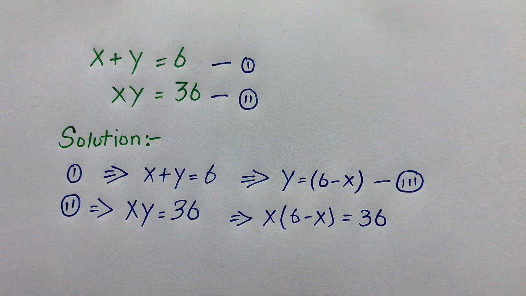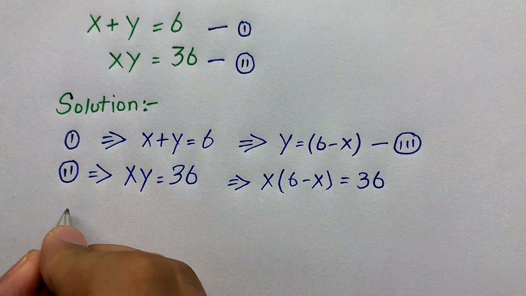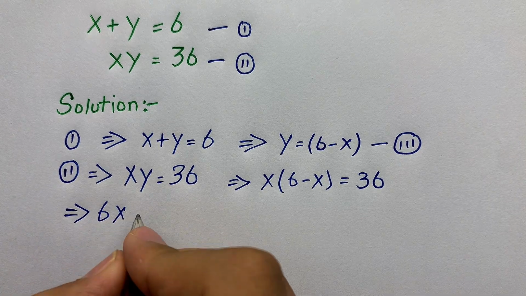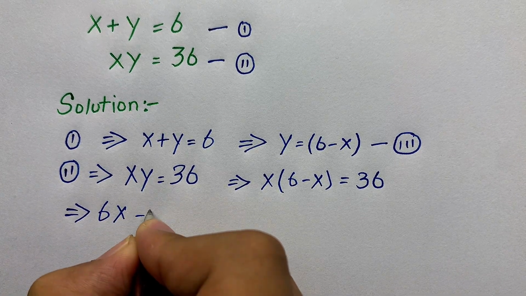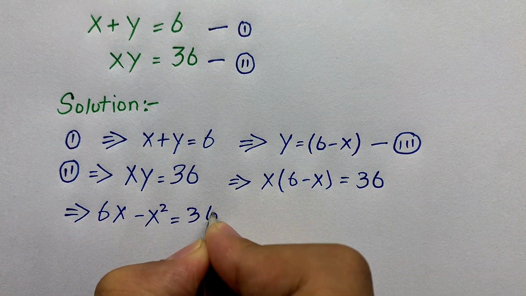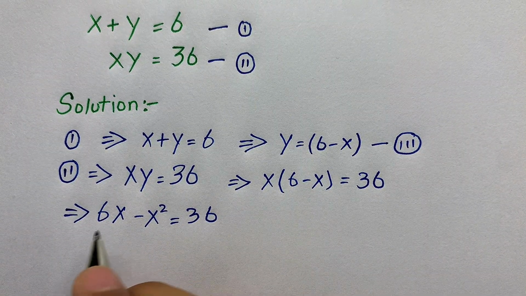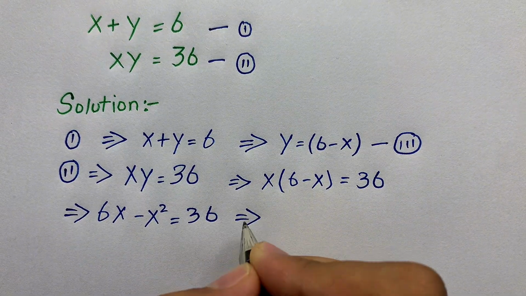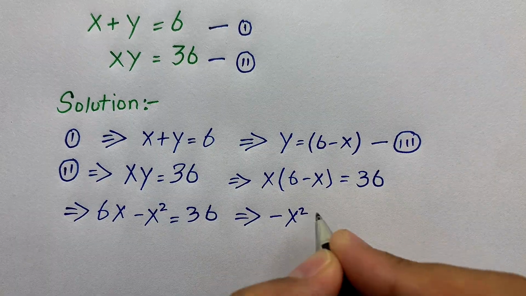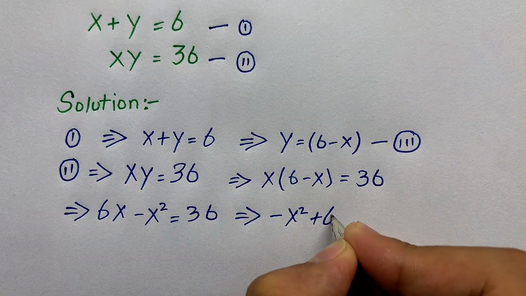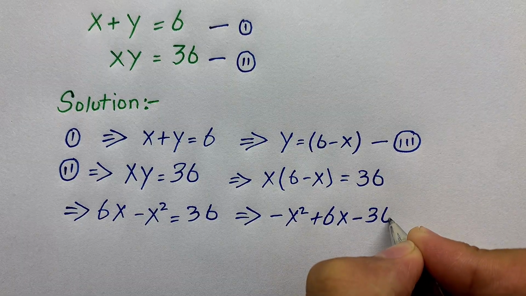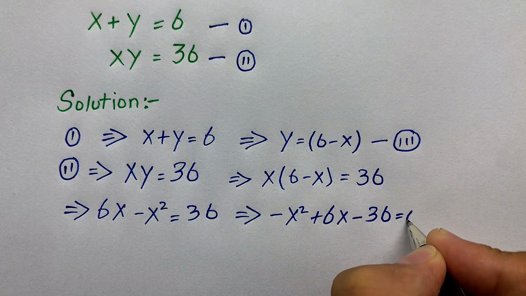Now 6x minus x square is equal to 36, and this will be minus x square plus 6x minus 36 is equal to 0.